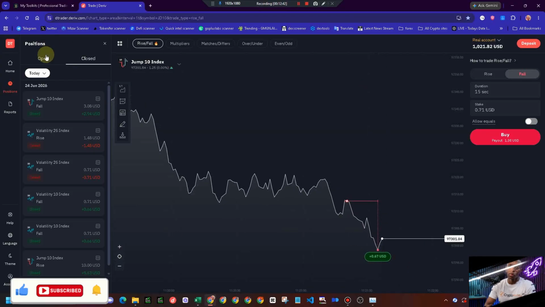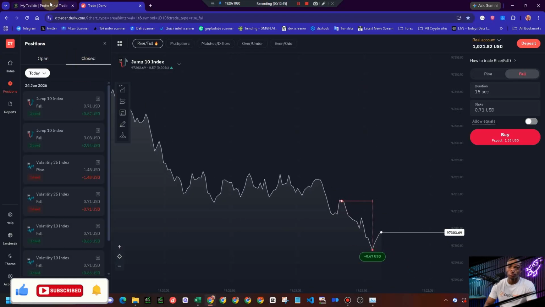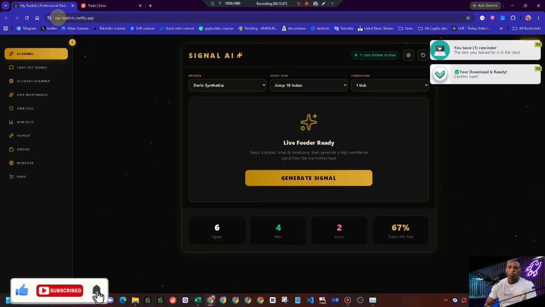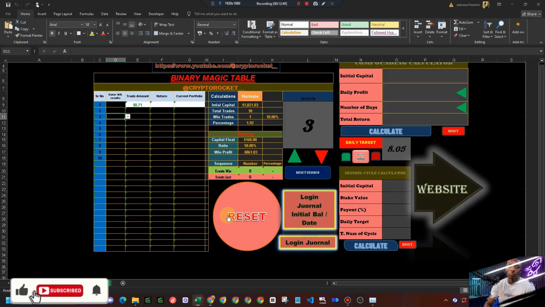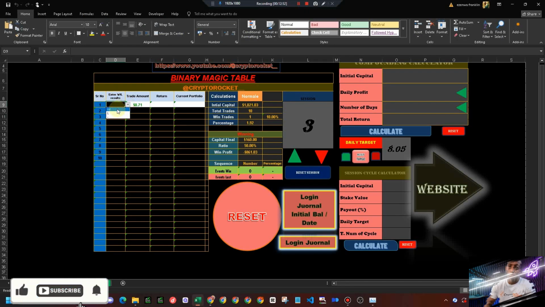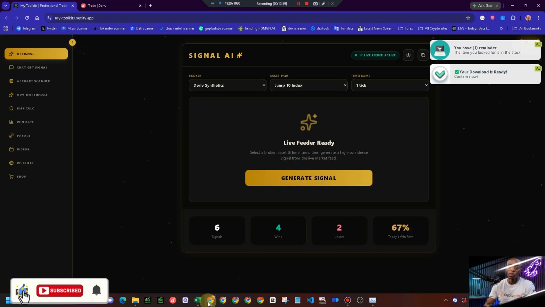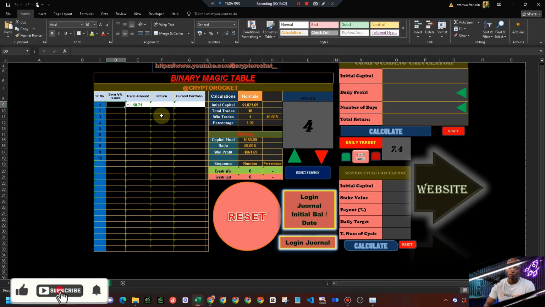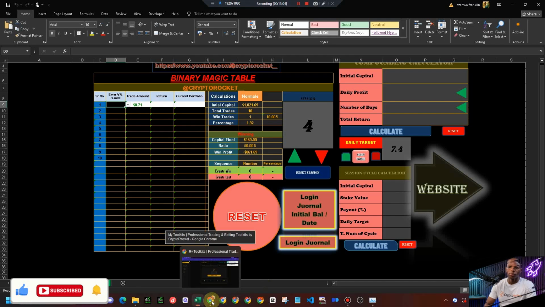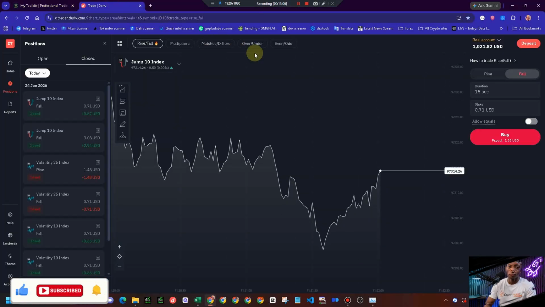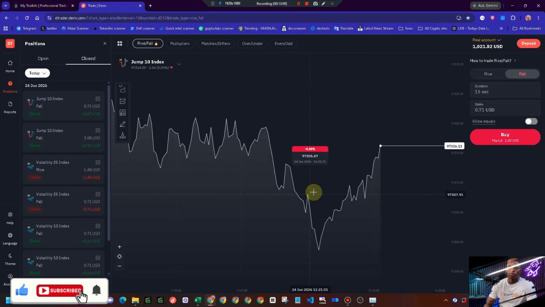Okay, we win this one, winning trade. So we win the trade, we mark, we win this one too. So we have 4 sessions, and we check, we still have 0.71, and if we go to our Deriv, we still have 0.71.